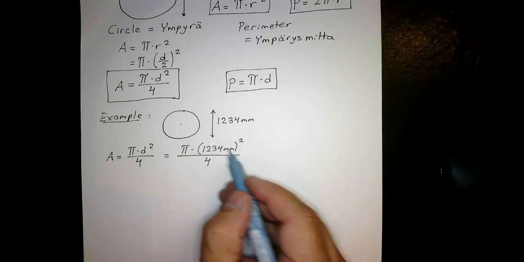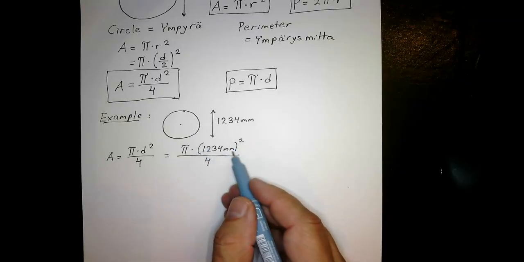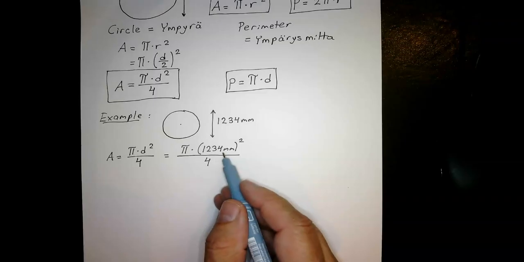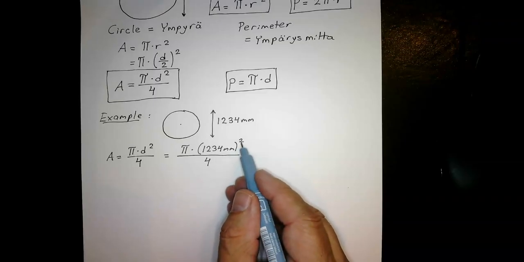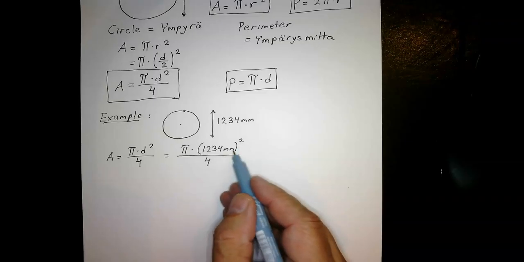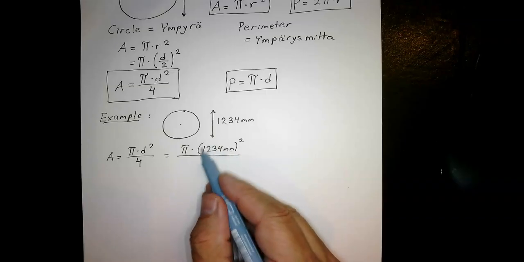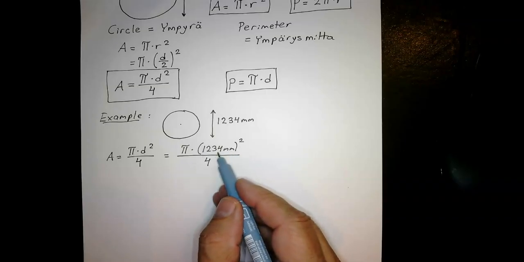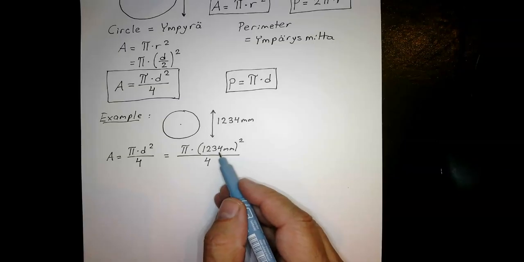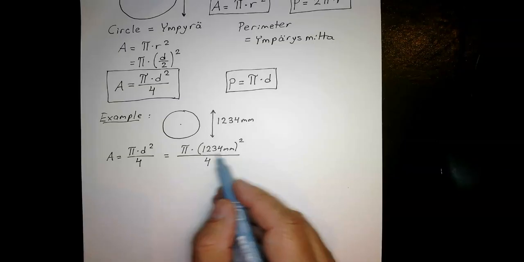Remember to use these brackets here, because without these brackets this squaring will go only to the millimeter.